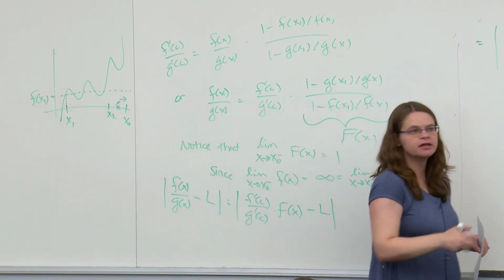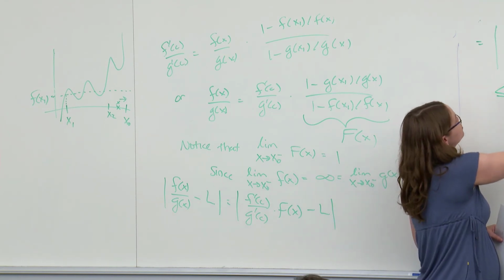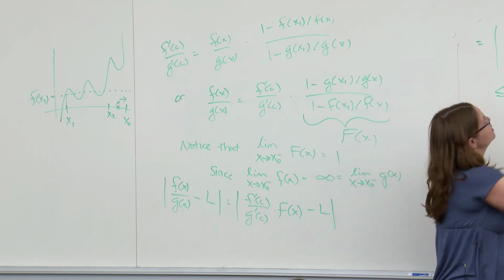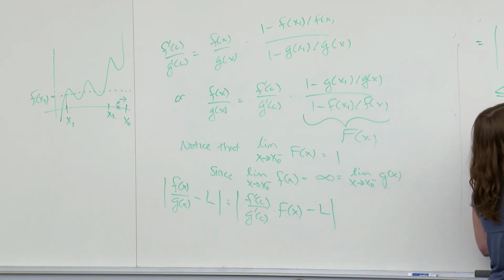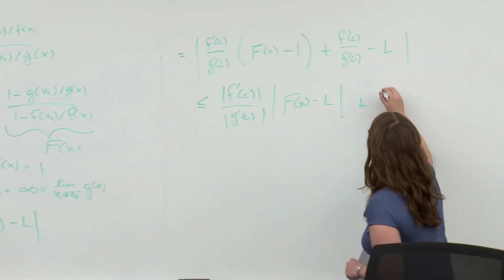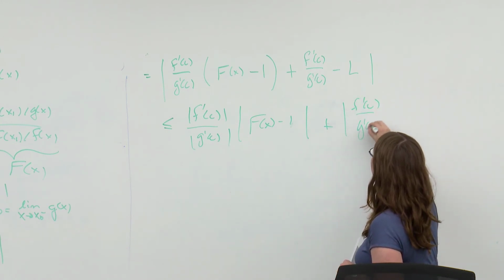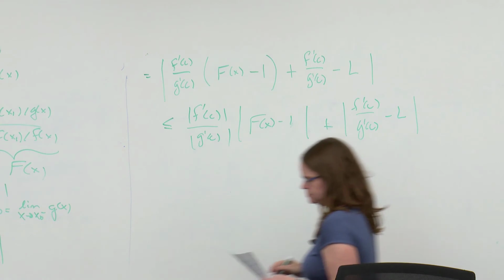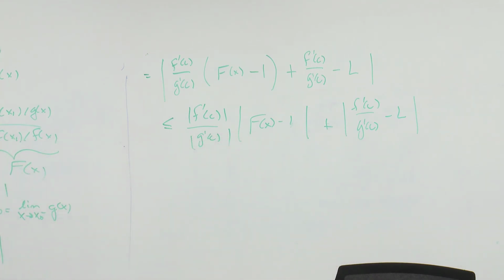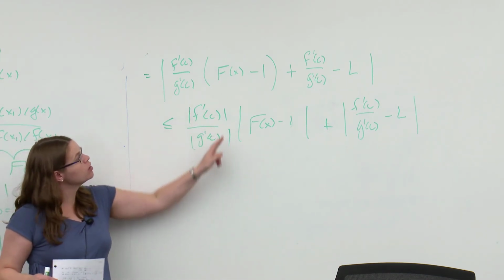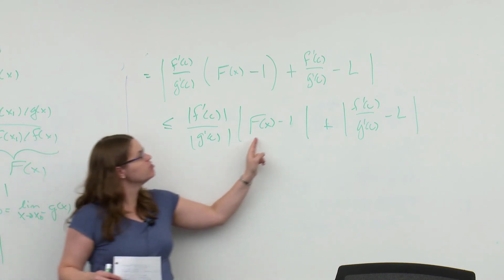And I can do my good old triangle inequality, and I can say this is less than or equal to this ratio times capital F of x minus 1, plus f prime of c over g prime of c minus L. Right, and these are things we know the limits of. This we know approaches 1.